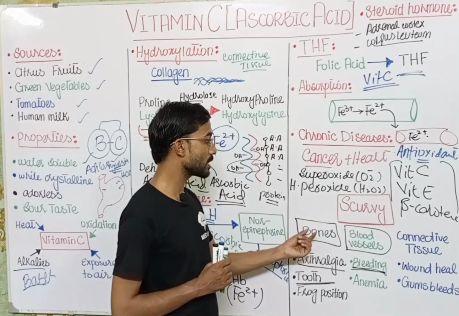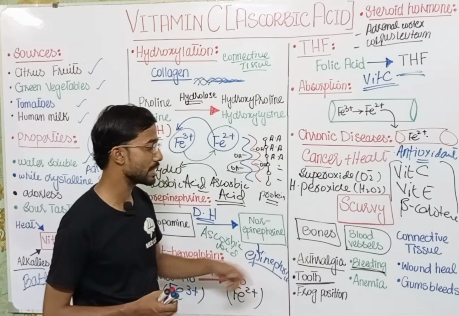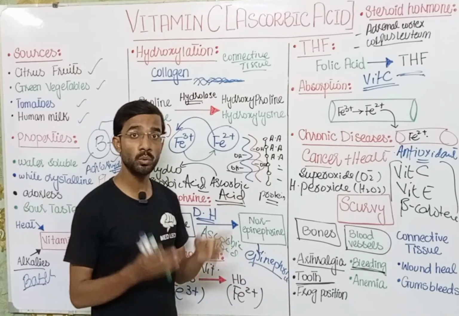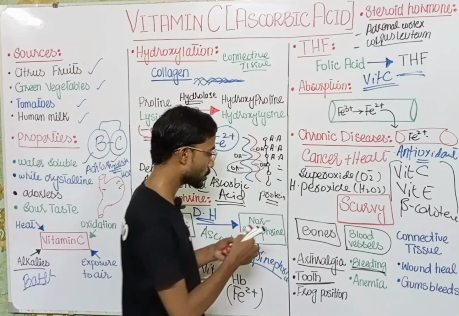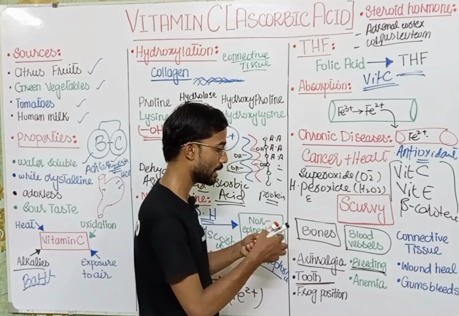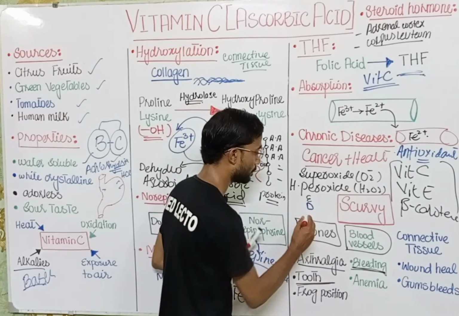The most important features are related to the bones. The first one is arthralgia, that is pain of the joints. Next is impaired tooth formation. The components of the tooth are first enamel, second dentine, and last the pulp.